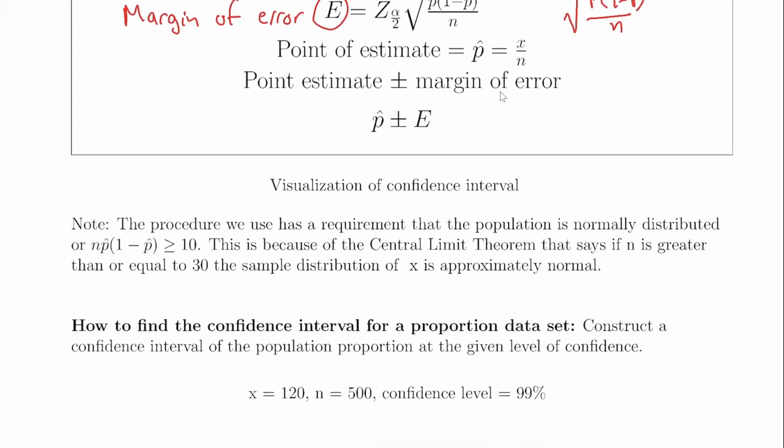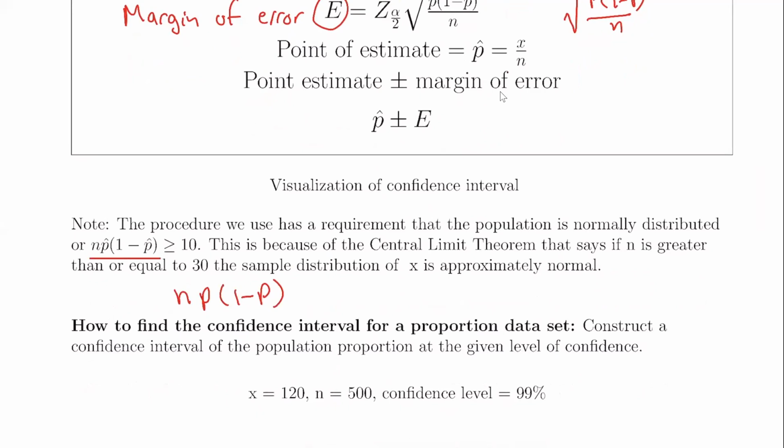All right. Also, just remember for this one, we still can use the central limit theorem. The only thing is that we have to adjust the formula. Because if you remember, we have n times p times 1 minus p. But we don't know what p is. So we're going to replace p by p hat.